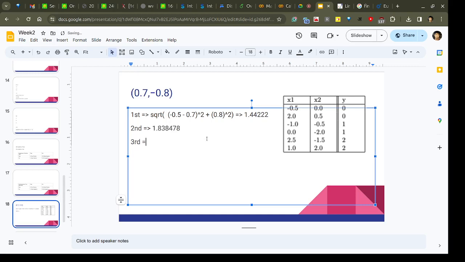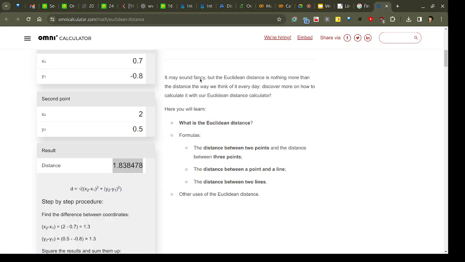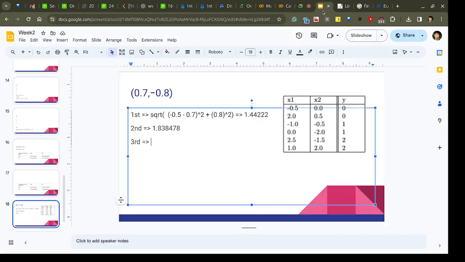Third point, minus 1, minus 0.5, this is the distance. Fourth, 0, minus 2.